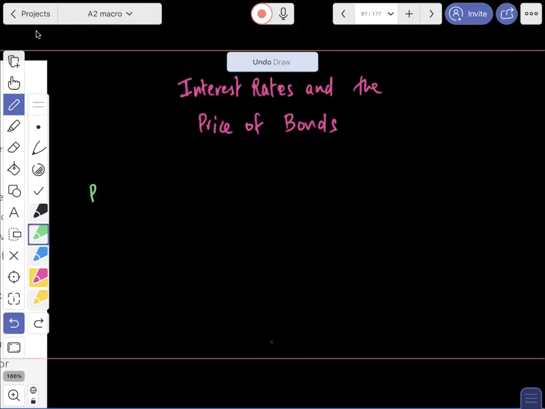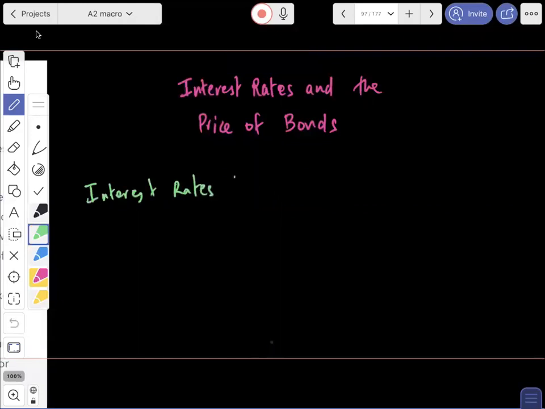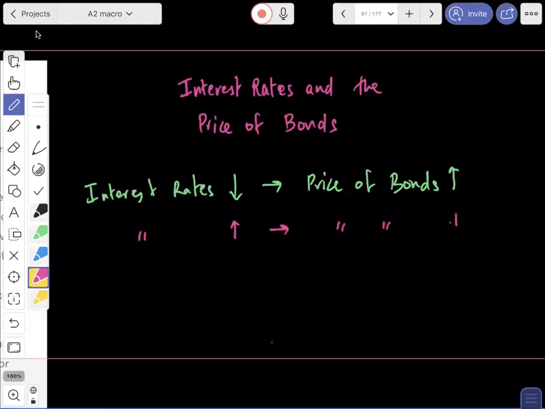When the interest rates fall, the price of bonds, we say, goes up, and vice versa. When the interest rates rise, the price of bonds goes down.